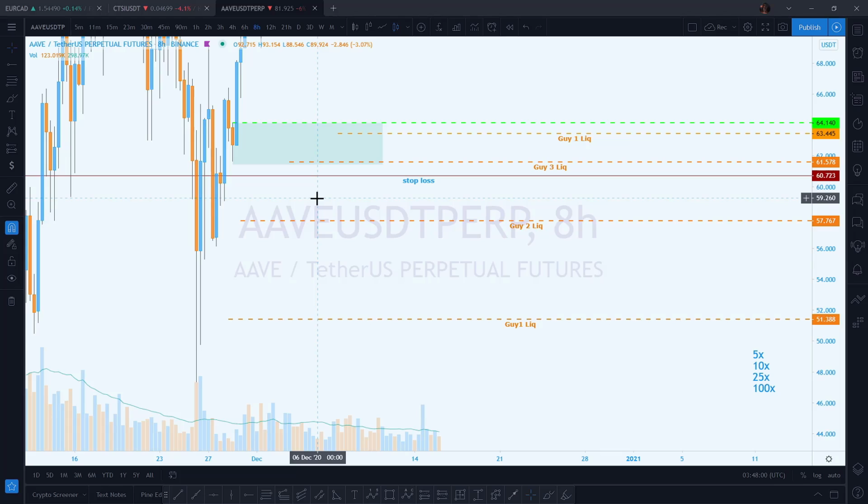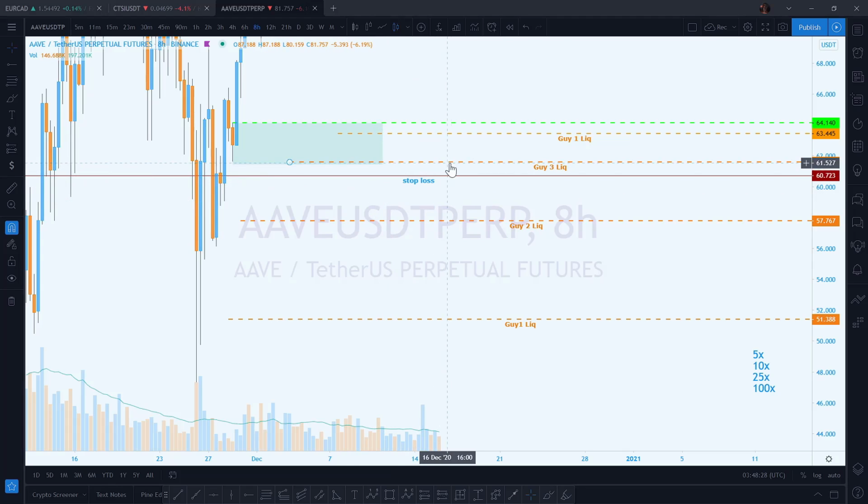But then he went to buy the coin using 100x, which means his liquidation price is way above his stop loss. So if he buys this coin and sets the stop loss at this point, he will definitely be liquidated before the price even gets to the stop loss zone.